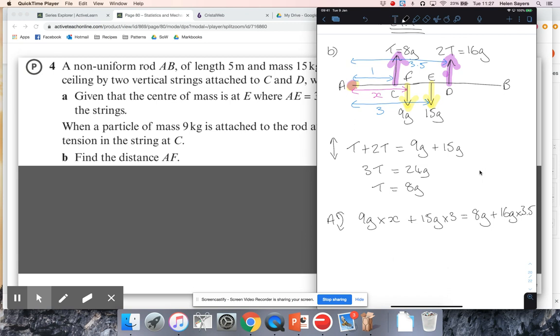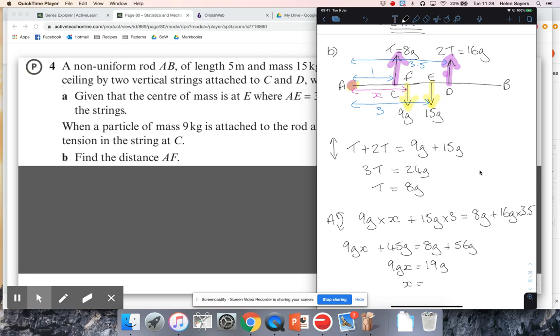Okay, so let's tidy all that up. I've got 9GX plus 45G equals 8G plus 56G. So 9GX is 8 plus 56 minus 45, which is 19G.